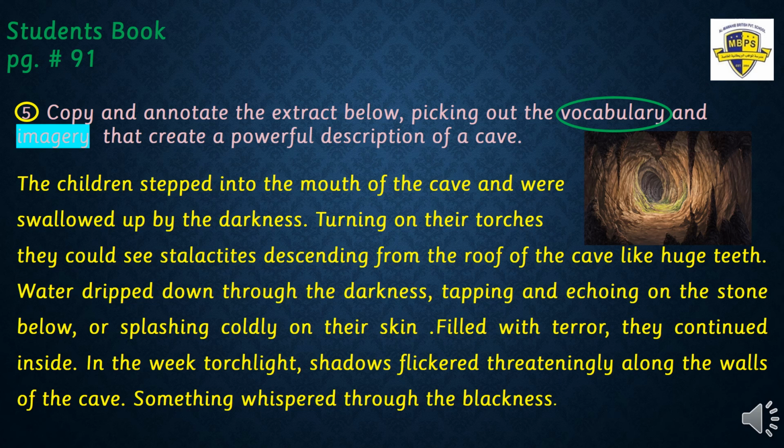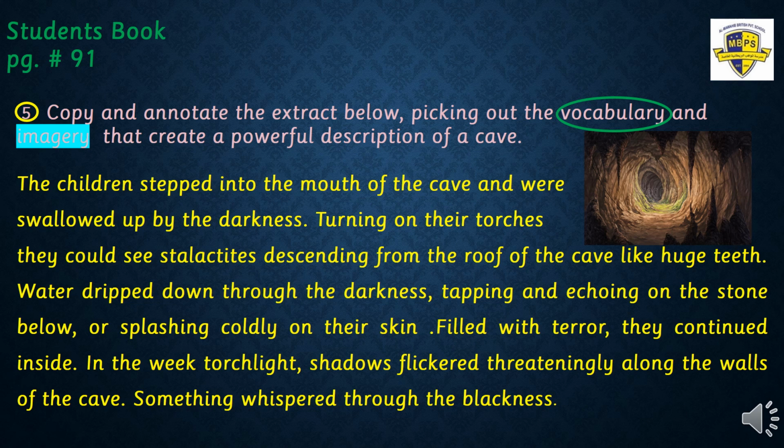You are going to find vocabulary or powerful words that the writer has used to describe the cave. And when you find these words, you will circle them. Then you will look for imagery. That means you are going to look for similes, metaphors, and personification in the text, which the writer has used to describe the cave.